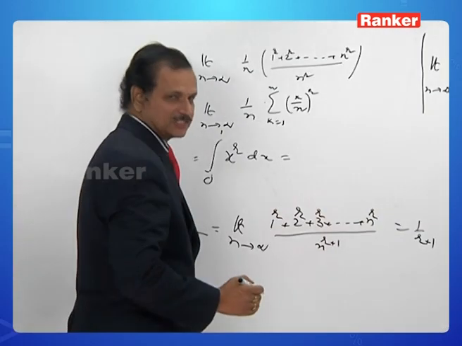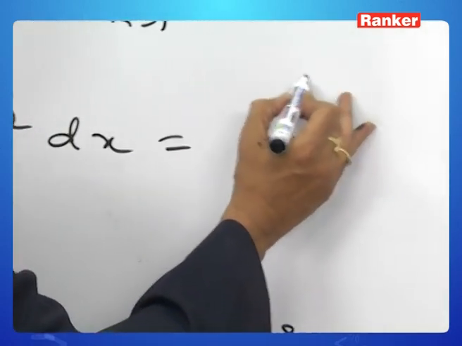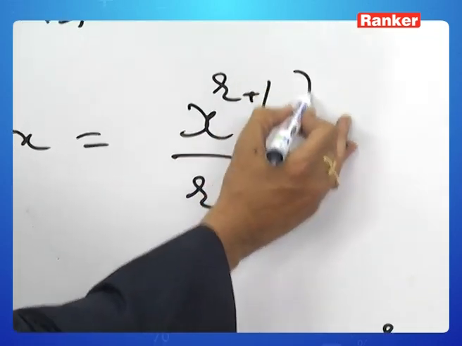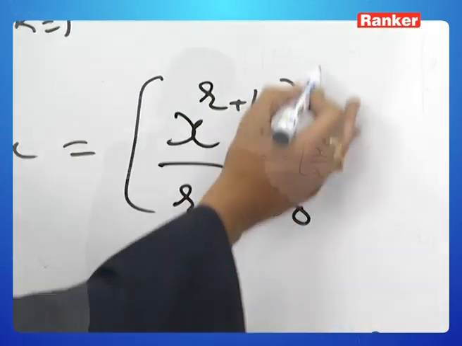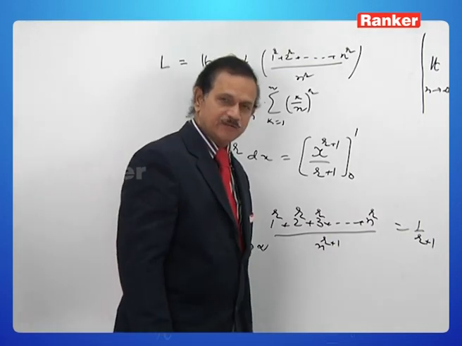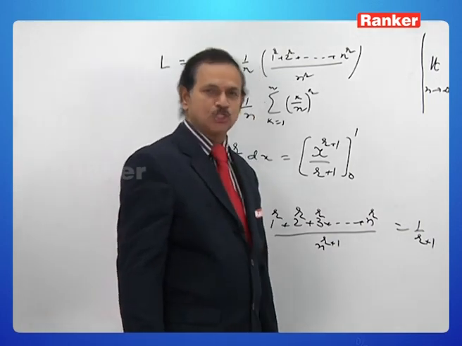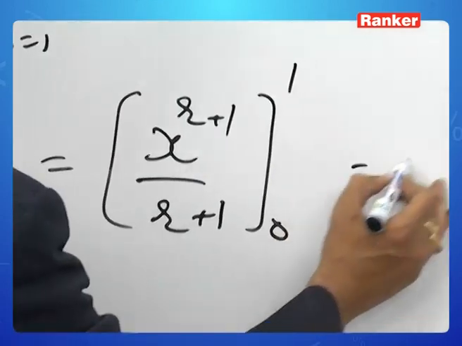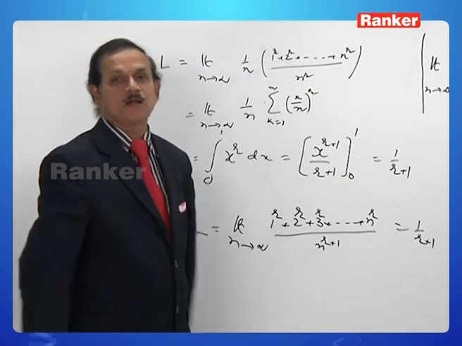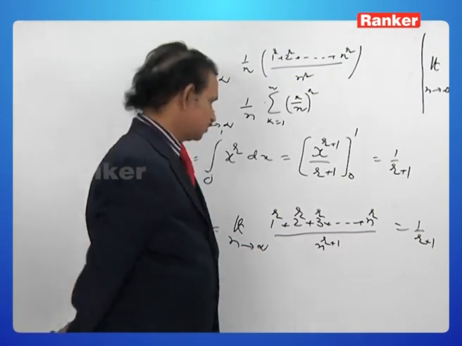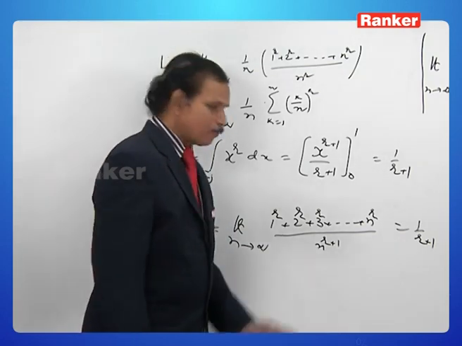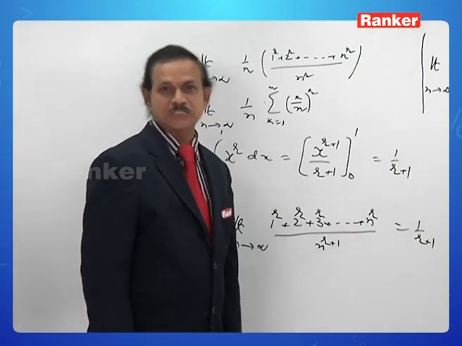What is integral of x power r? X to the power of r plus 1 by r plus 1 between the limits 0 and 1. If you take 1 in the place of x, it will be 1 by r plus 1, and if you take 0 in the place of x, it will be 0. Hence, the answer will be 1 by r plus 1. Therefore, it is very easy to believe that this answer is correct.